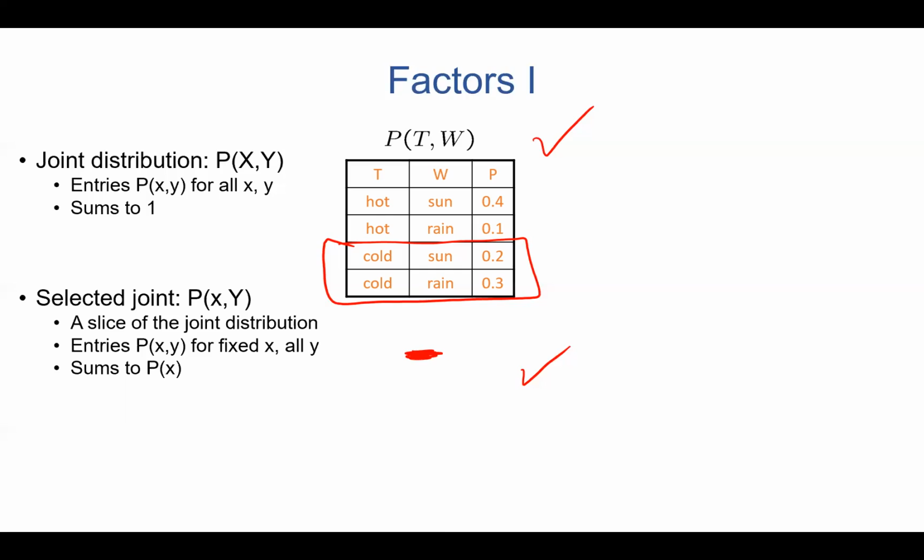By inference by enumeration, we saw that we have to join all those local conditional probability tables first, get the joint distribution, and from the joint distribution, we only look at the rows that are consistent with the evidence. Then we sum out the hidden variables, get to the normalizing constant, and finally get the answer, right? So we are actually going backwards by looking at all the local conditional probability tables and joining them together.